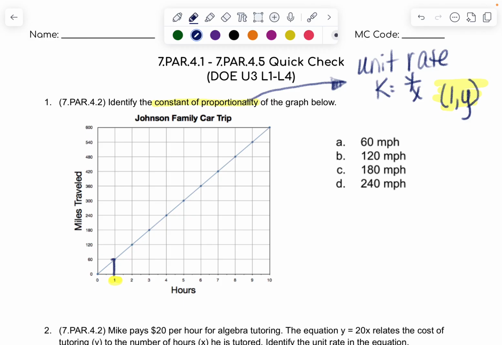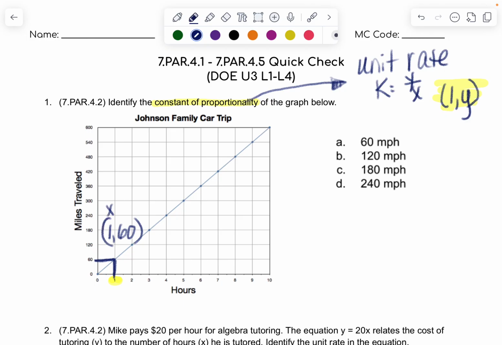Come to that point and draw a corner. Now, we got lucky right here because that corner is in a perfect crosshair. It hits right over here at 60. So we know that ordered pair is 1, 60.